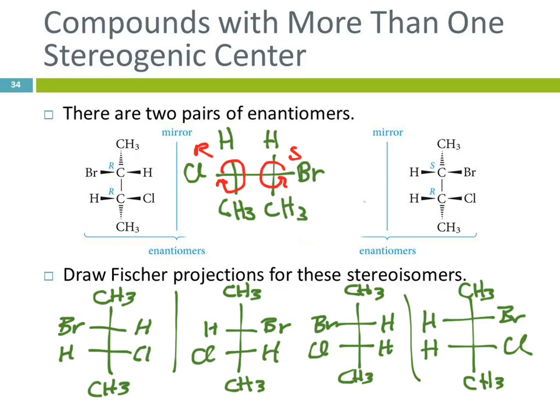Did that make any sense at all? It's kind of difficult to understand how you flipped it. It is hard to understand how you flip it. So when I flipped this, especially on one with 2 stereogenic centers, I want to put the hydrogen either up or down. I just arbitrarily decided up. And then you have to choose one of the other 3 groups to stay the same. And so I kept the bromine the same.